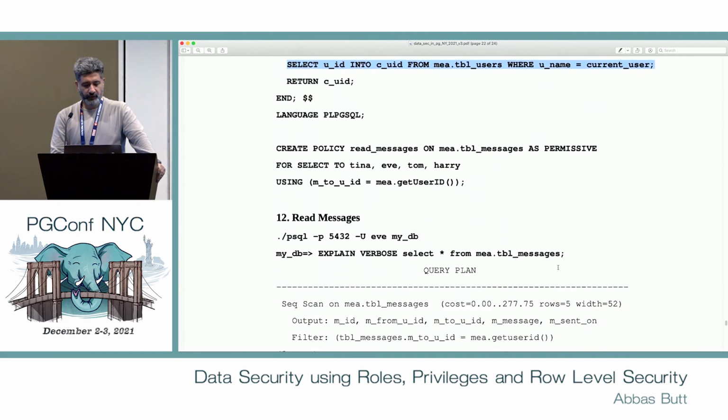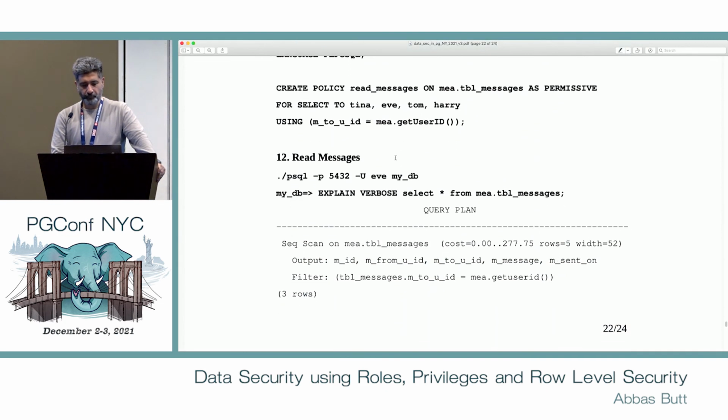Otherwise, it is going to return me the user ID of the currently logged in user. And when I create the policy, I would simply say create policy read messages on this table as permissive for select using m_2_u_id is equal to m_get user ID.